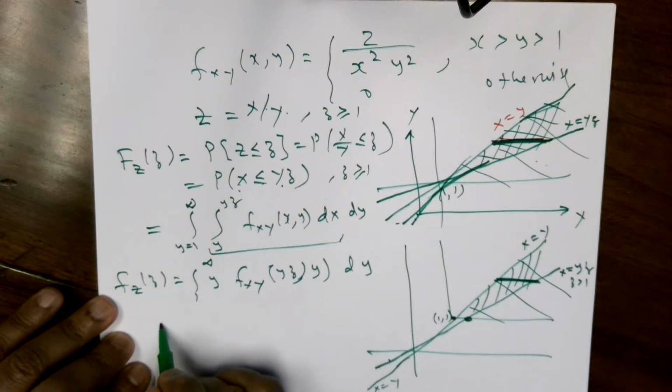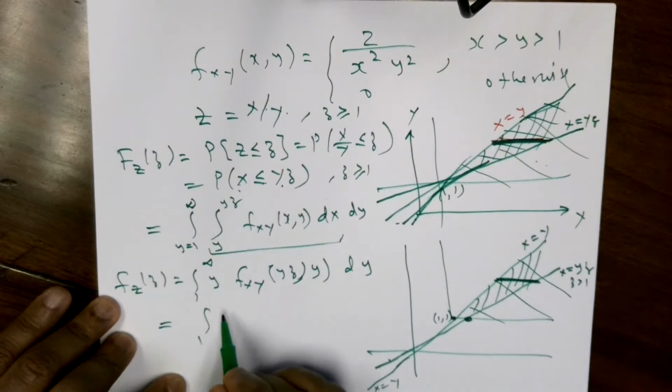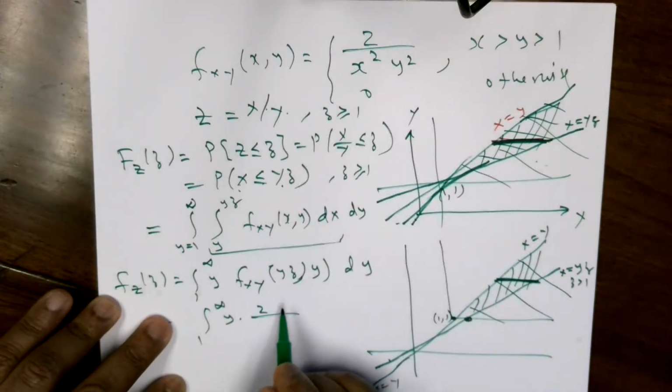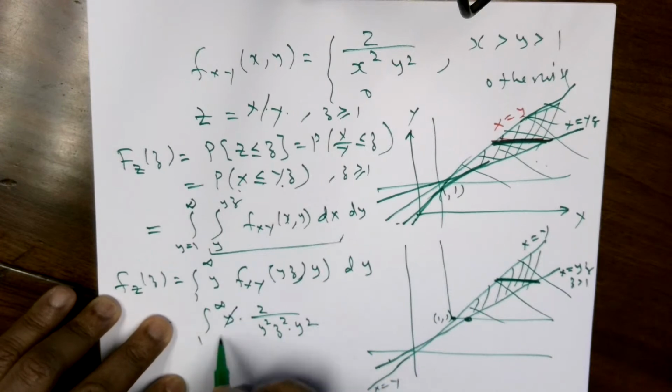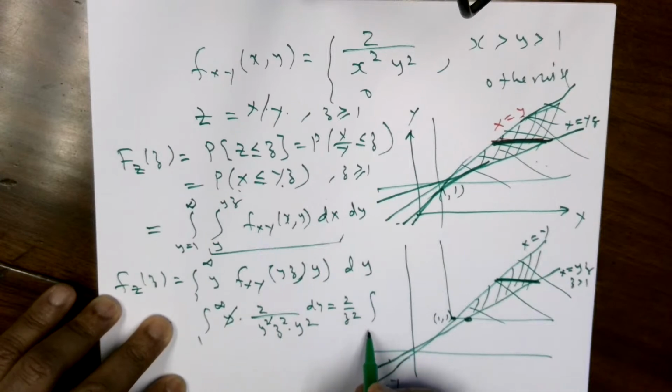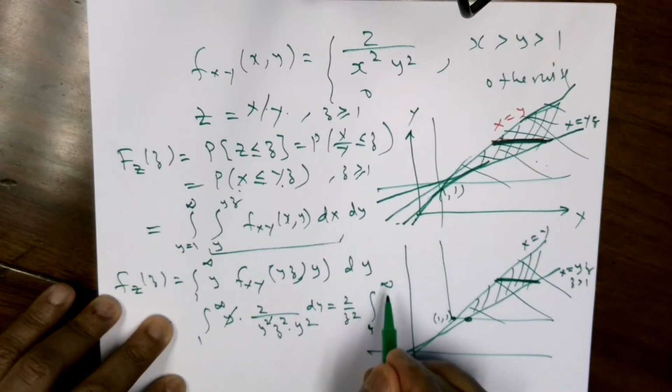Now we can substitute the density, 1 to infinity of y times f_XY, which is 2 over, instead of x, y squared z squared, then y squared, the y cancels, dy. So we get 2 over z squared outside, integral 1 to infinity of 1 over y cubed dy.